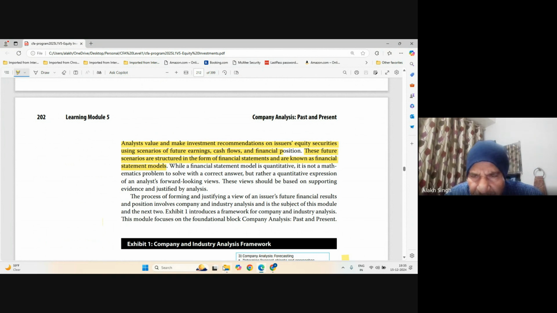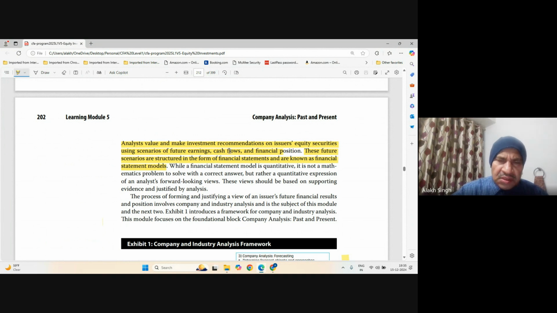So what do analysts do? Analysts value and make investment recommendations on issuers' equity securities using scenarios of future earnings, cash flows, and financial position.